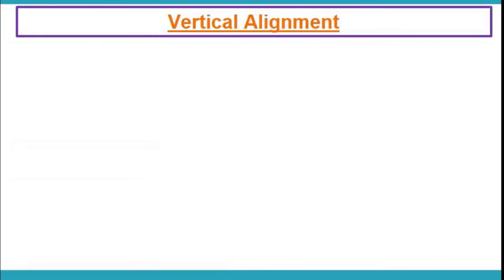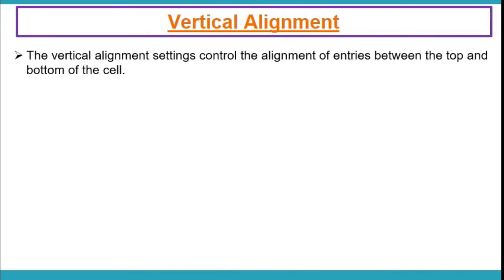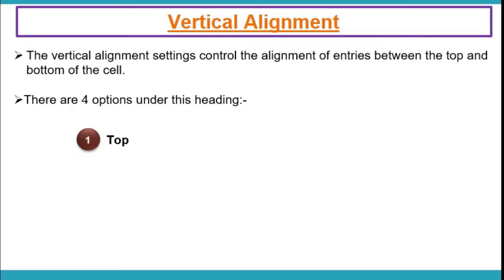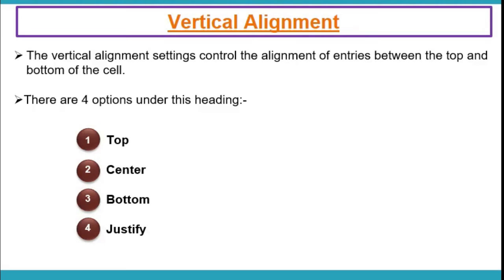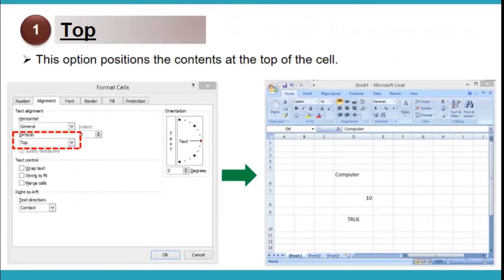The vertical alignment settings control the alignment of entries between the top and bottom of the cell. There are four options under this heading: top, center, bottom, justify. This option positions the contents at the top of the cell.